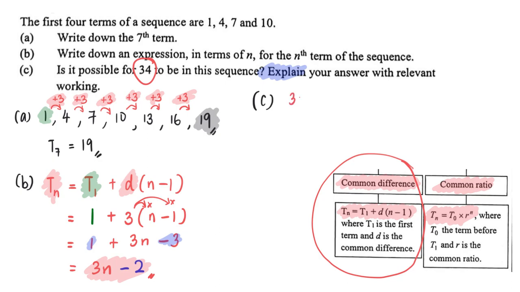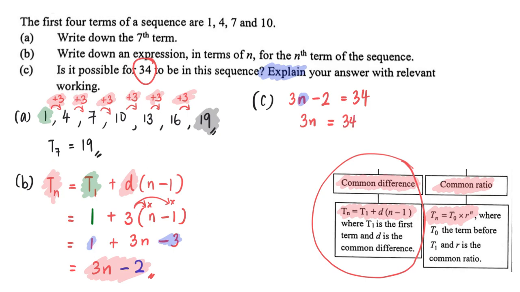So 3n minus 2, which is the nth term, equals 34. If 34 is indeed one of the terms or numbers in this sequence, then let's check what is the number for n. So 3n minus 2 equals 34.